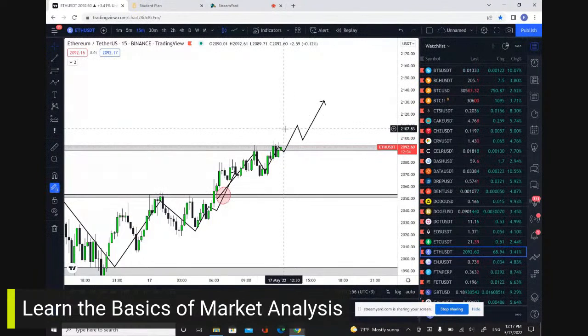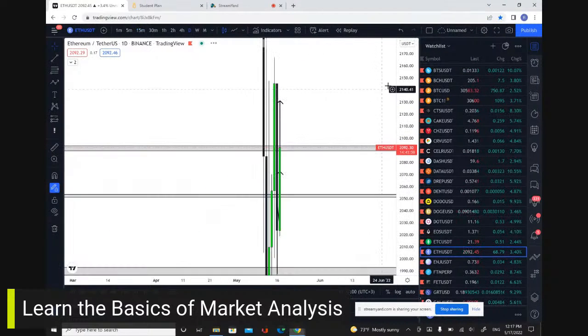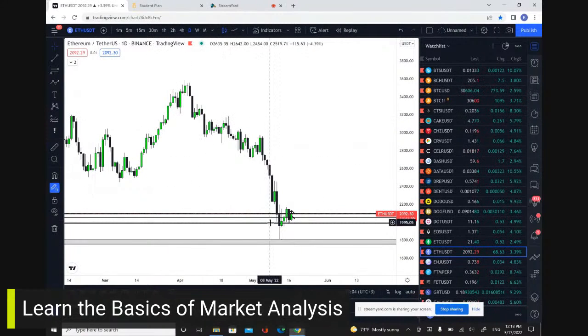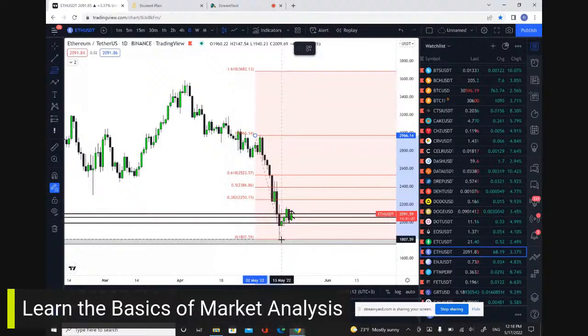We are still in an overall bearish trend because looking at the daily time frame, for example, it's pretty bearish. Look at this dump right here. We should have a small correction using the Fibonacci that we will talk about later on.